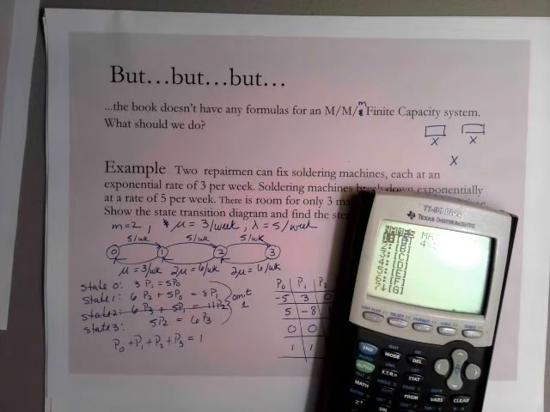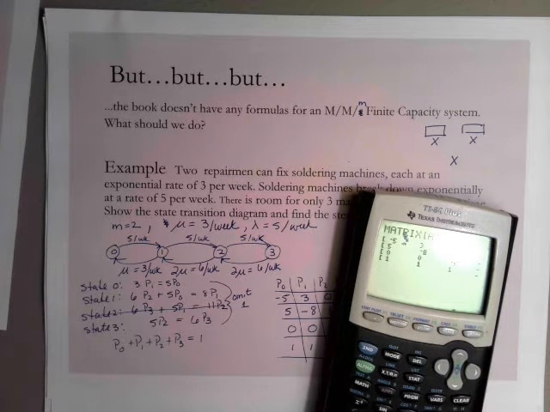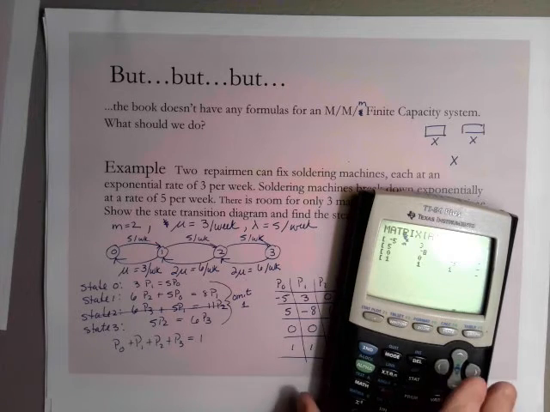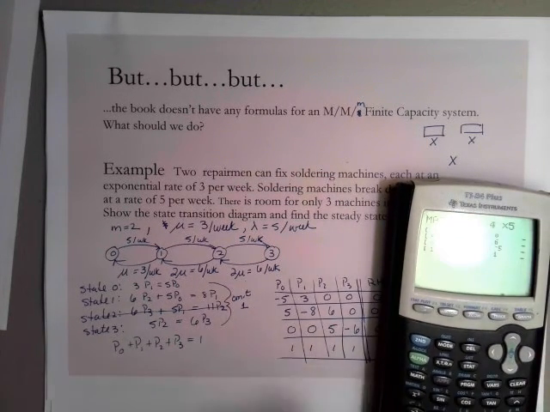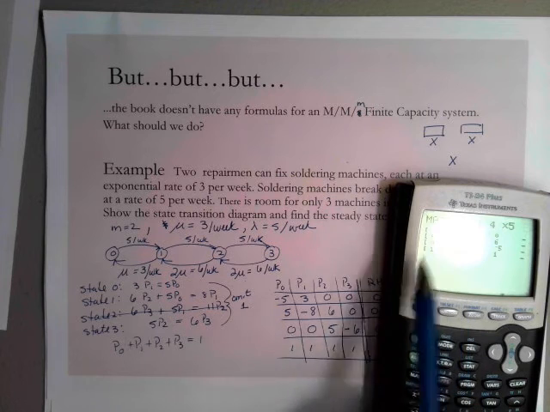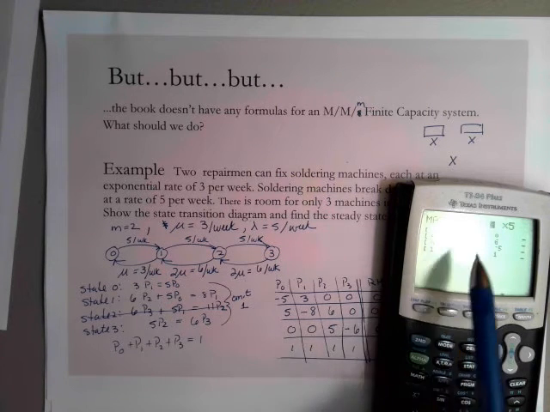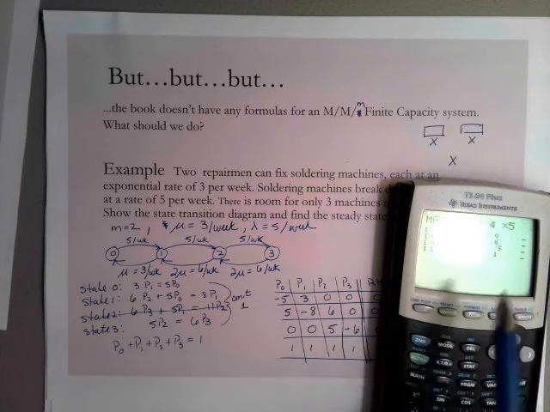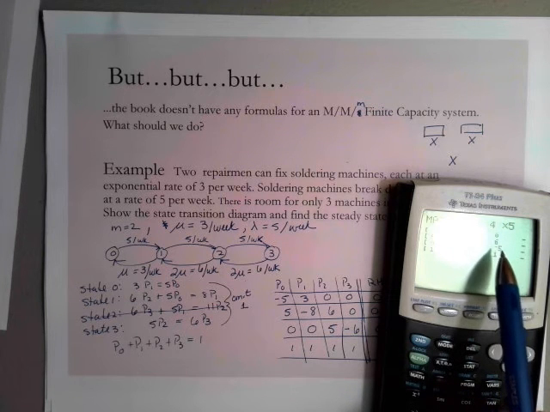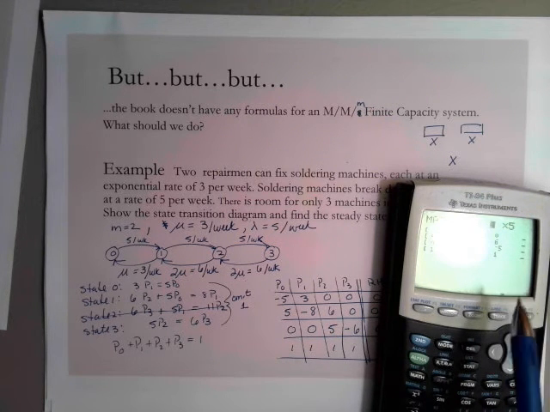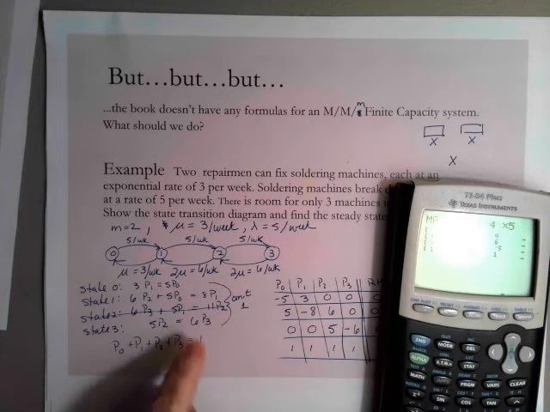I already input it as a 4 by 5 right here, but I'm going to edit it because I changed one of the rows a little bit. You can see that in my calculator, it goes 5, 5, 0, 1, 3, minus 8, 0, 1, 0, 6, minus 5. Oh, and here's where it's different, because I set up my last equation differently.